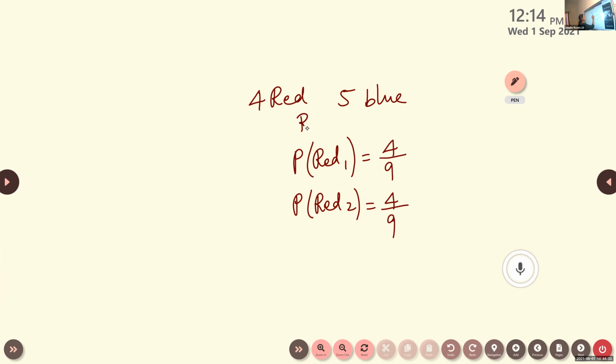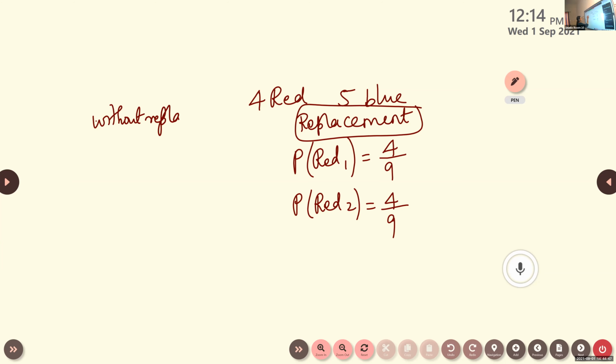That means here we replace it. When we replace it, the total number of balls is not changing. Suppose we take the ball without replacement, meaning we take it together, simultaneously. What is the probability of selecting a red ball here? First red ball, it will be 4 by 9.